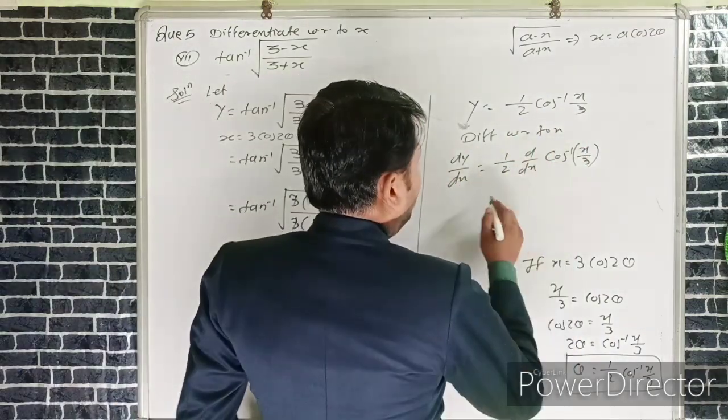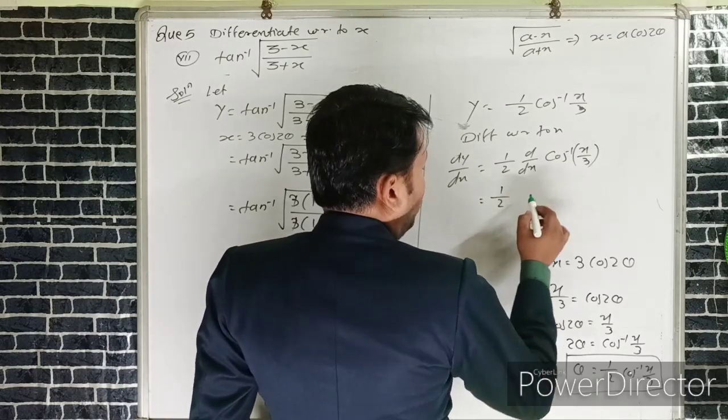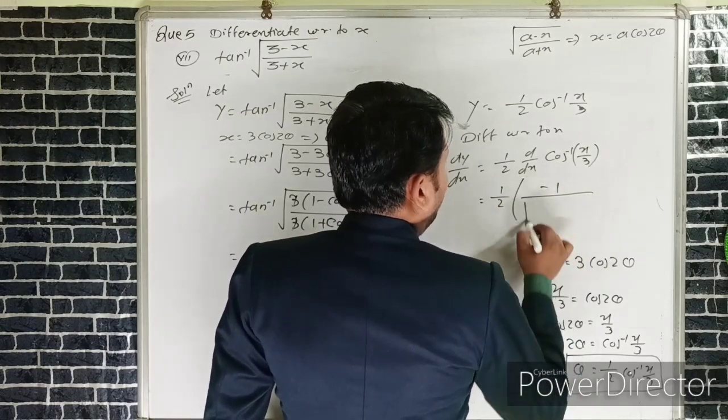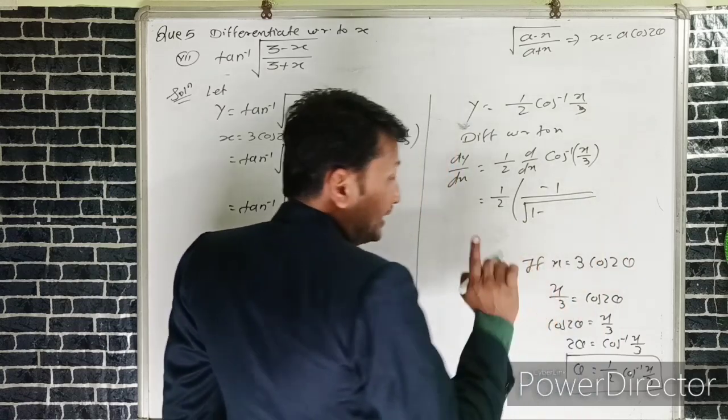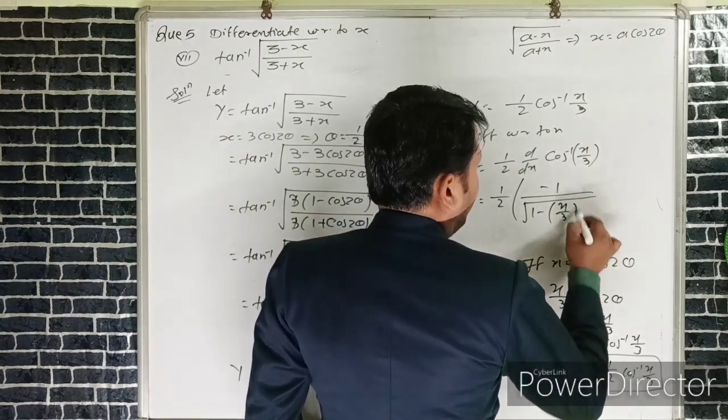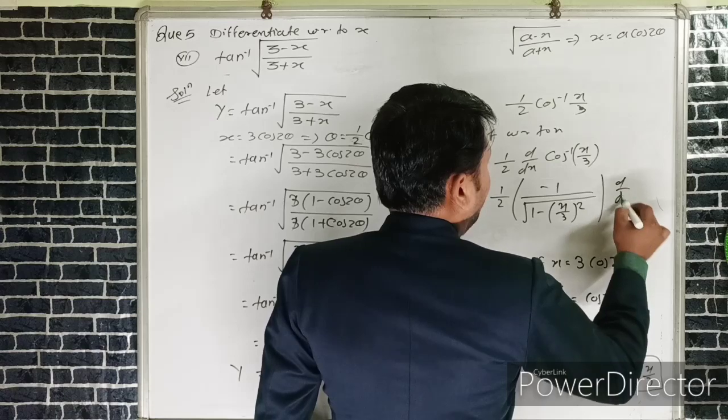The derivative of cos inverse, we know that 1 by 2 into minus 1 upon under root of 1 minus (x by 3) whole bracket square into again a derivative of x by 3.